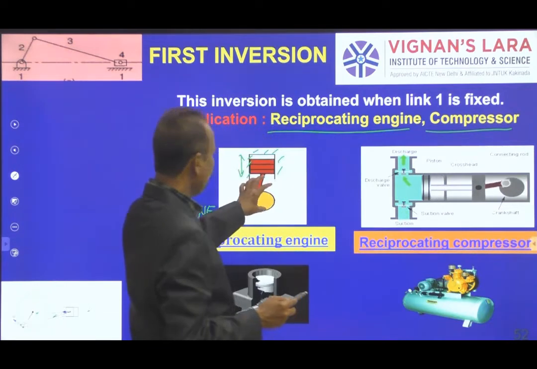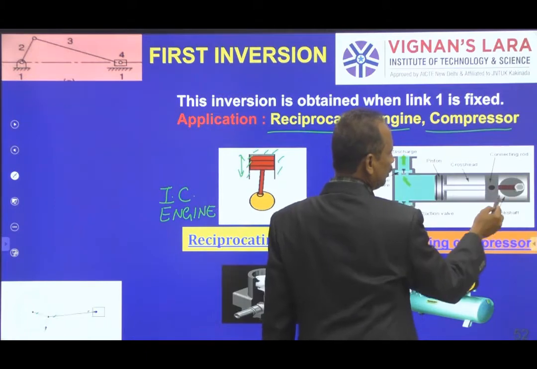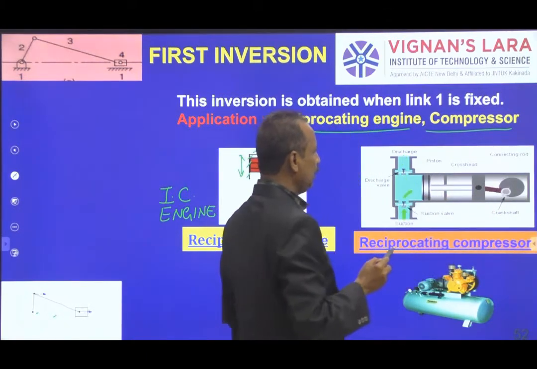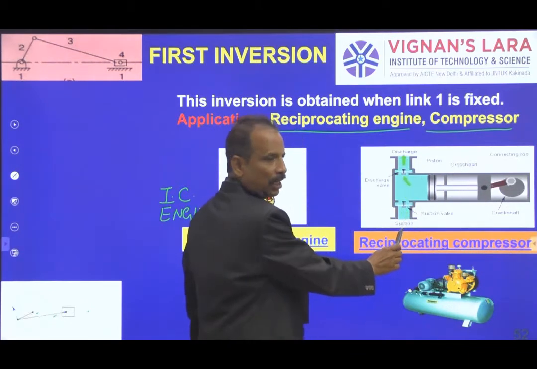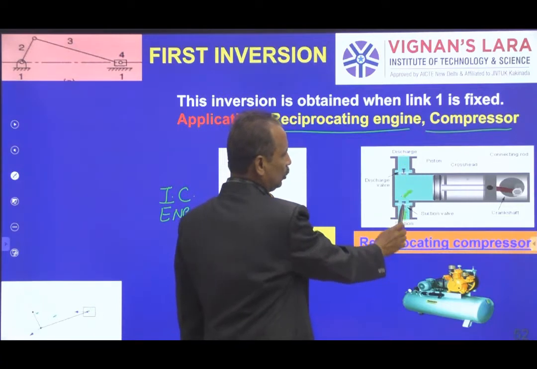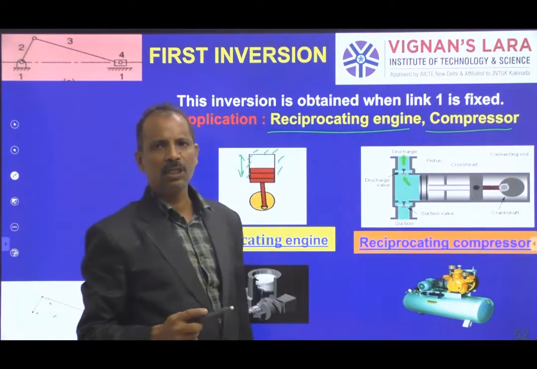So the same mechanism is kept here. This is the crank, this is the connecting rod, and this is the piston, sliding. Some gas or air is sucked in through this, compressed, and delivered through a discharge valve.